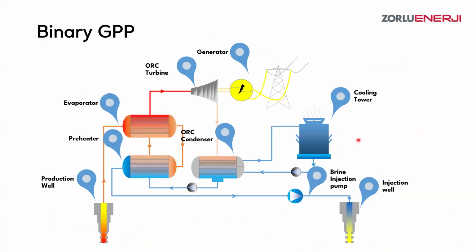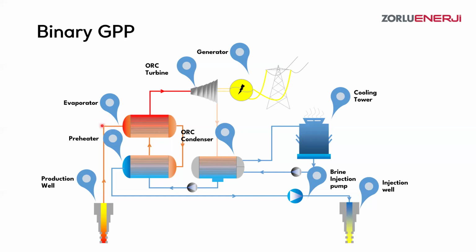Let's get back to the diagram. You have that reservoir fluid in here, and this goes to the evaporator. This evaporator is basically a heat exchanger, but it changes the phase of the fluid that goes into it.